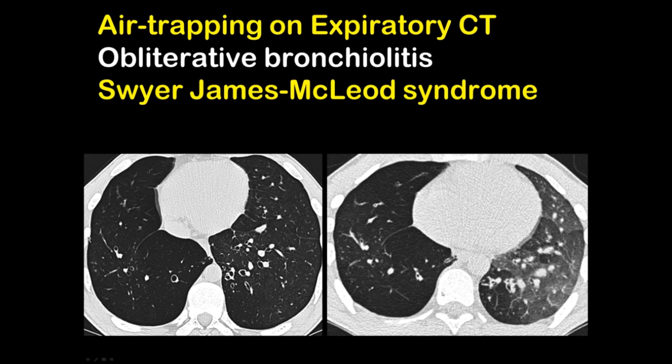When we perform the expiratory CT, we see the right lung with areas of air trapping, and also in the left lung we see areas of normal lung and areas of air trapping with diminished vascularity.